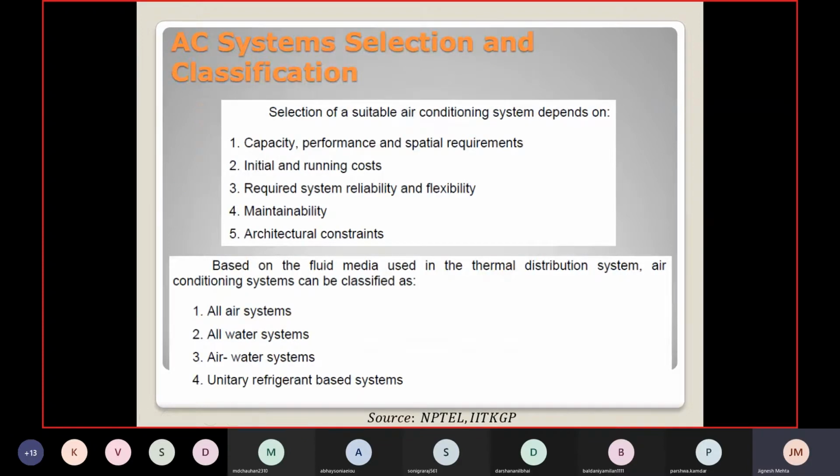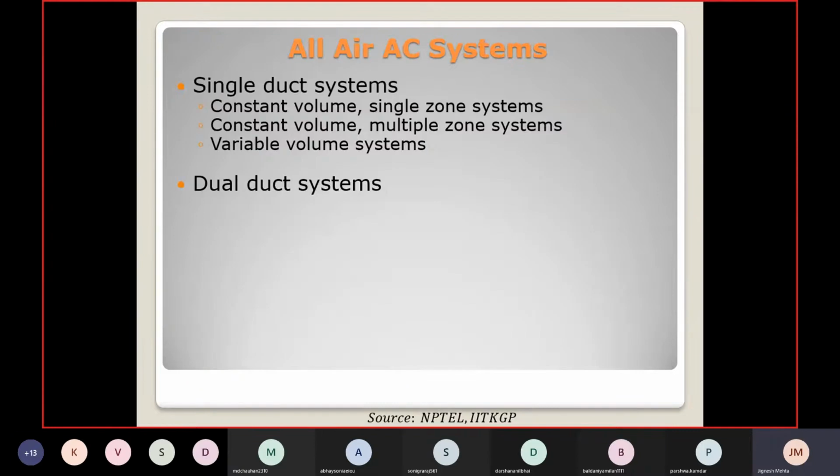And there are package units available which are also becoming popular nowadays, or they have been popular for a while. These are unitary refrigerant based systems. We'll discuss these one by one. So first are all air conditioning systems. In that you can have a single duct system.